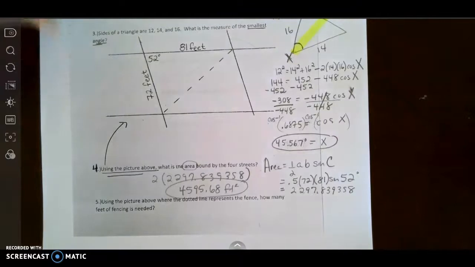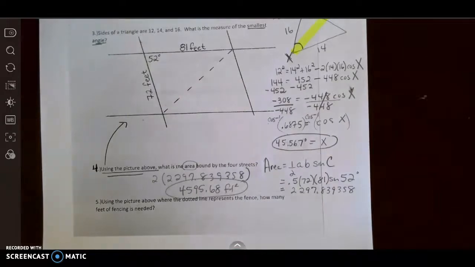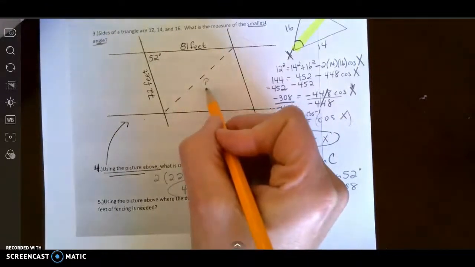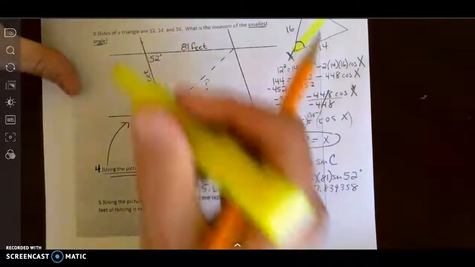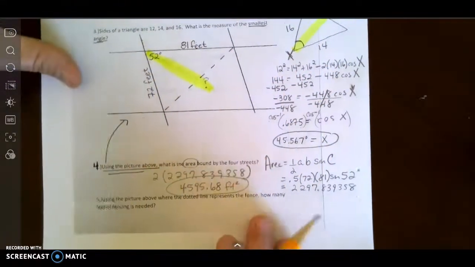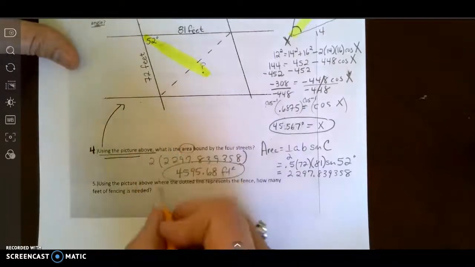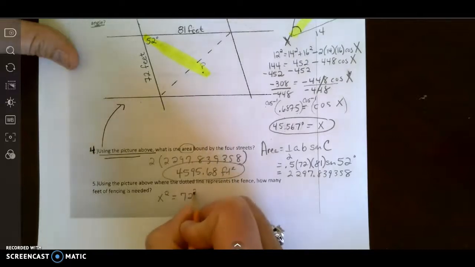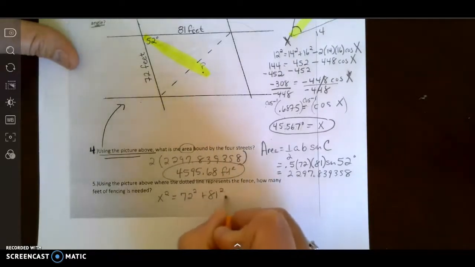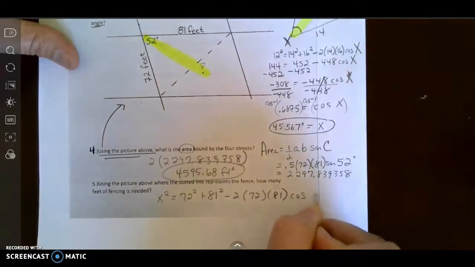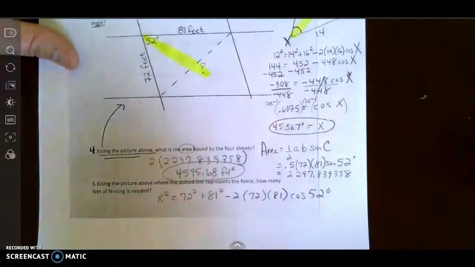Using the picture above, where the dotted line represents the fence, how many feet of fencing is needed? So this right here represents my fence. So I'm looking for this missing side, which is across from this angle. And I have side angle side, so I can use law of cosines. This side we'll call x squared equals 72 squared plus 81 squared minus 2 times 72 times 81 times the cosine of 52 degrees.